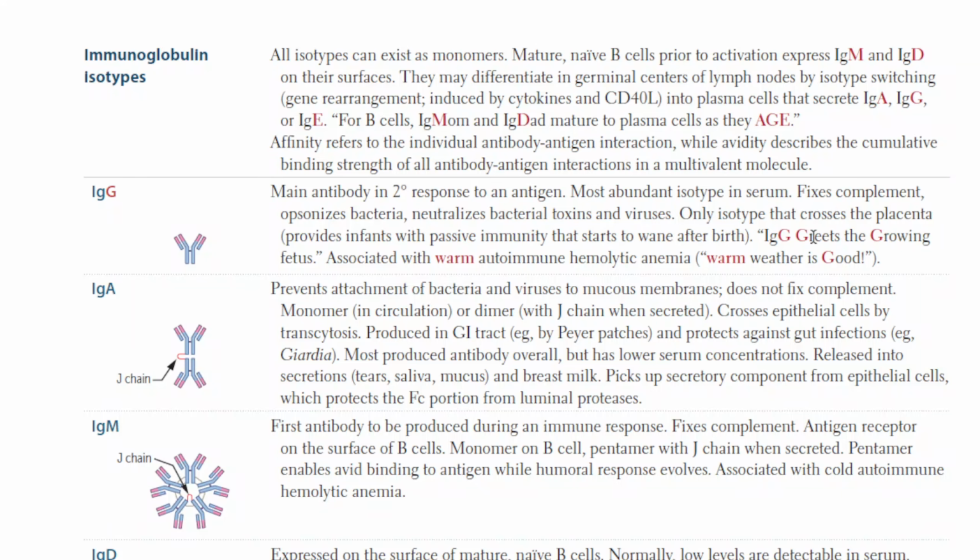Immunoglobulin G greets the growing baby, and is associated with warm autoimmune hemolytic anemia. Warm weather is good, so G for good is related to warm weather, warm. So it's associated with warm autoimmune hemolytic anemia.